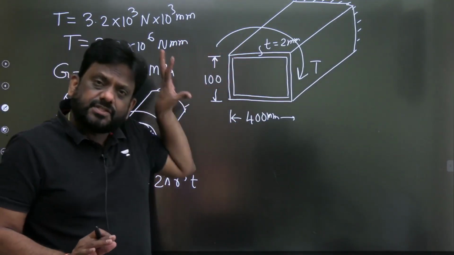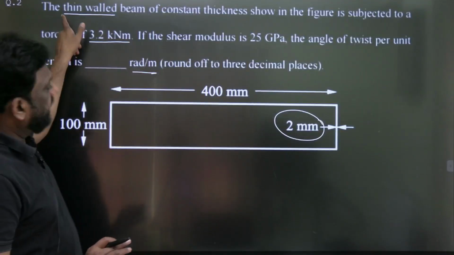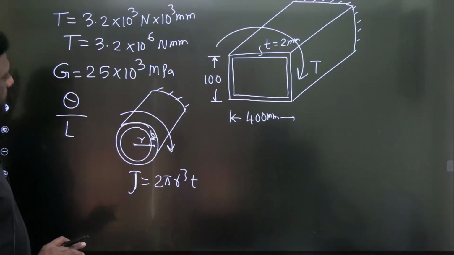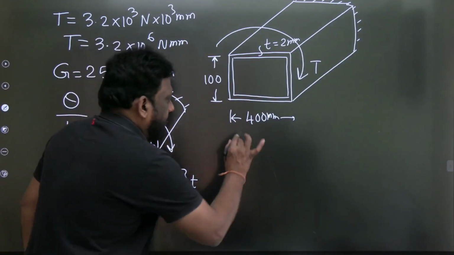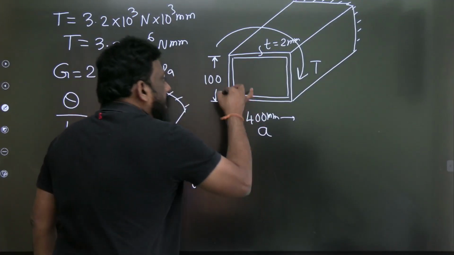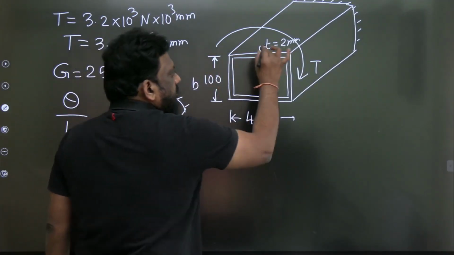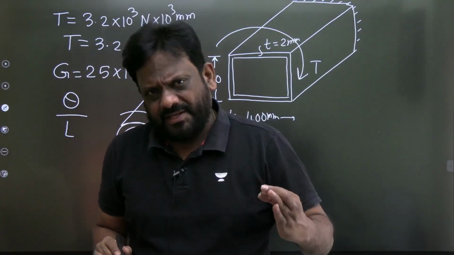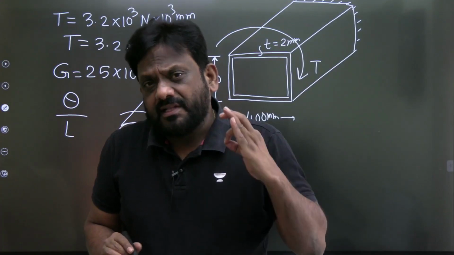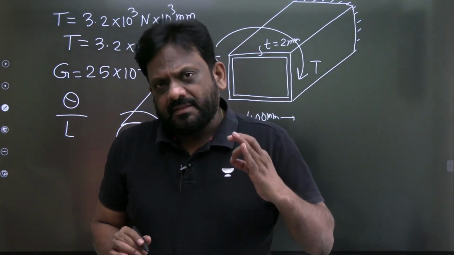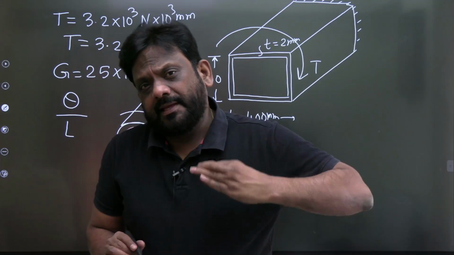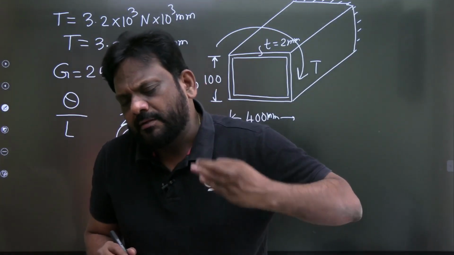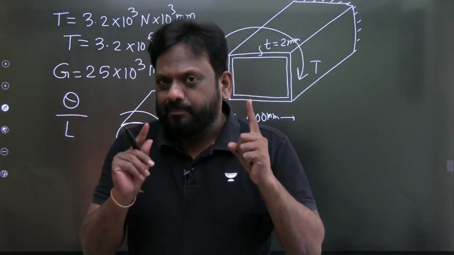But it is thin. See the word clearly. It is thin, but not circular. My dear students, if this dimension is taken as A and this dimension as B and the thickness is T, we can calculate by using our mathematics the polar moment of inertia of a thin rectangular section, on similar grounds as for the thin circular section.